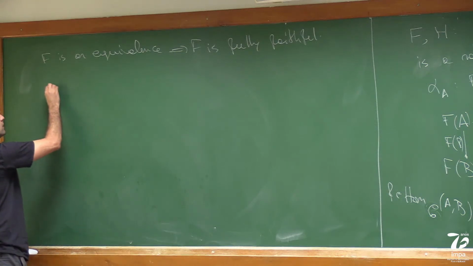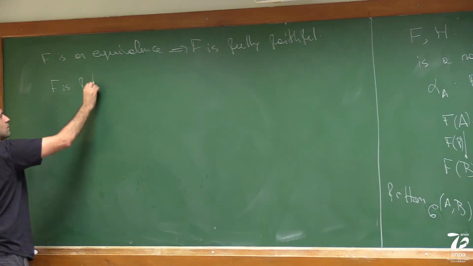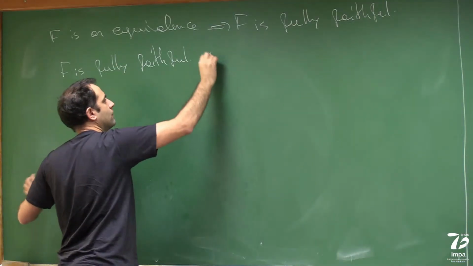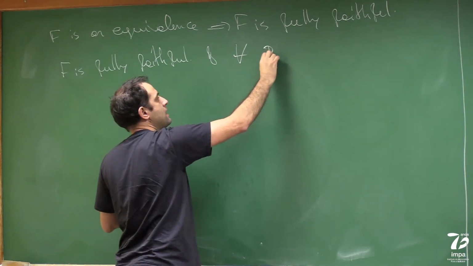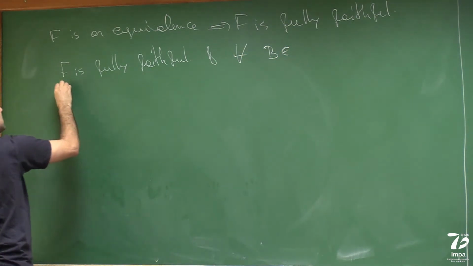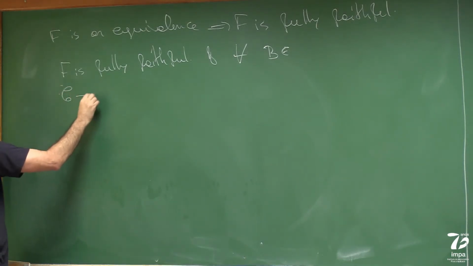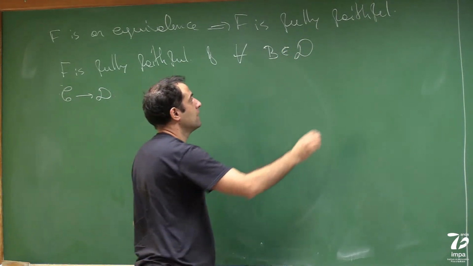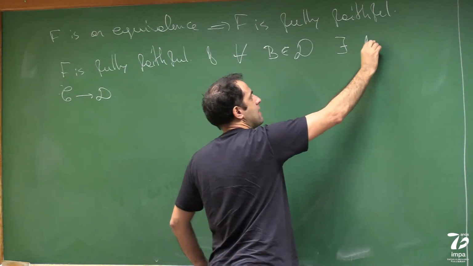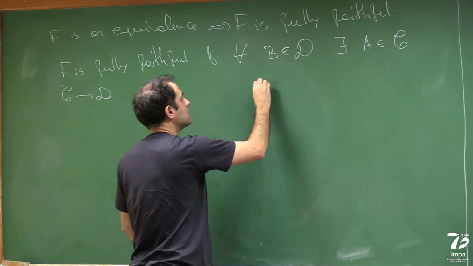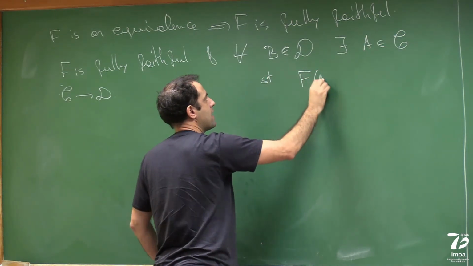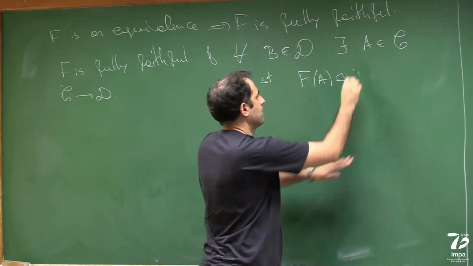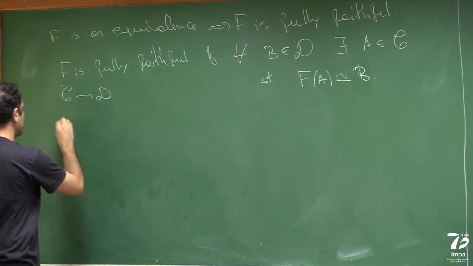So if F is fully faithful, and F is a functor from C to D, and for every object B in the category D, there exists some A, an object of C, such that F of A is isomorphic to B, then F is an equivalence.